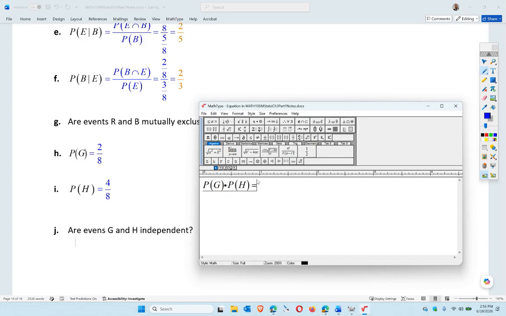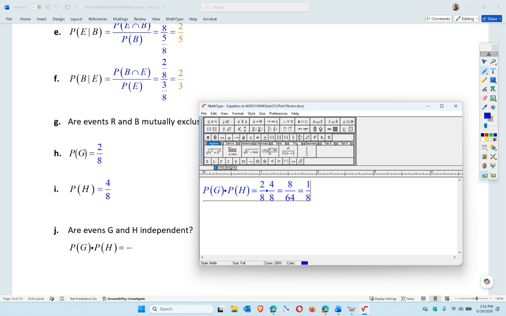That's going to equal, well, the G was 2/8, right? And the H was 4/8. Okay, so that would make this blue. Format, color, blue. So that gives us a ratio of 8/64ths, right? Which is essentially 1/8 if you want to simplify it. Not a big deal.